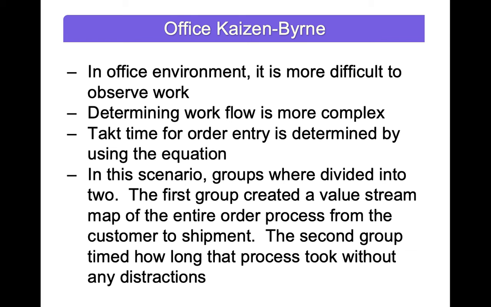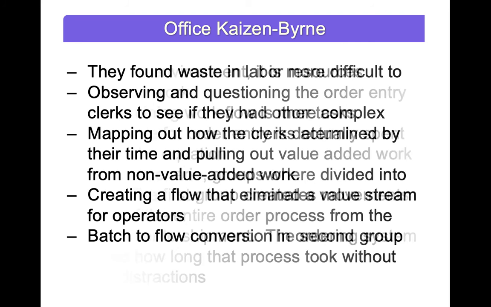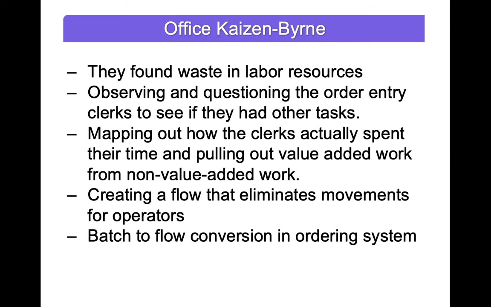So in this scenario, the groups were divided into two. The first group created a value stream map of the entire order process from the customer to shipment, and the second group timed how long that process took without any distractions. They found waste in labor resources, observing and questioning the order entry clerks to see if they had other tasks.